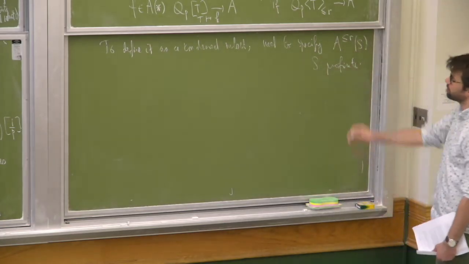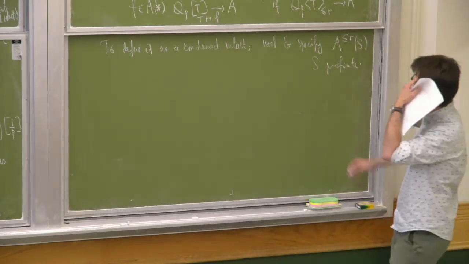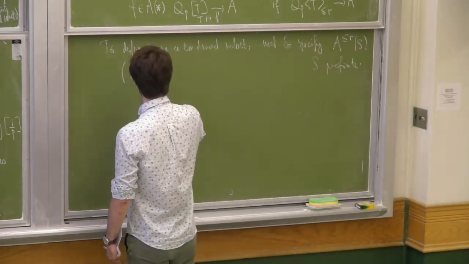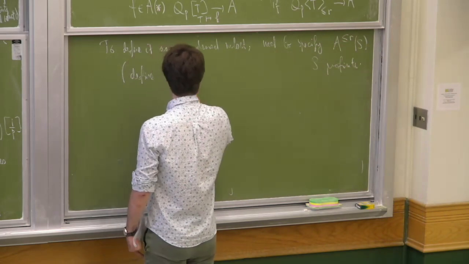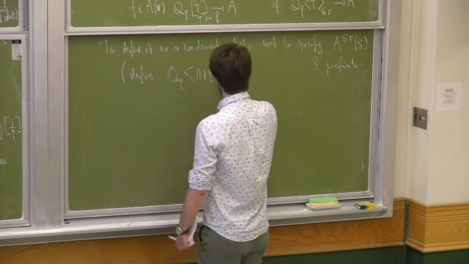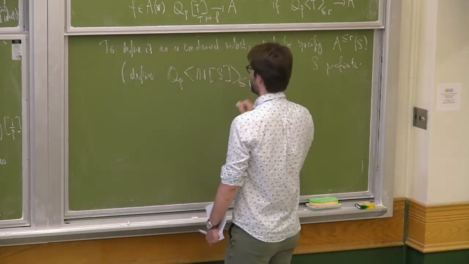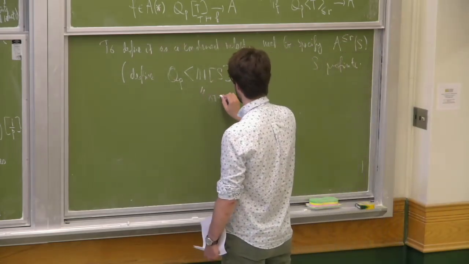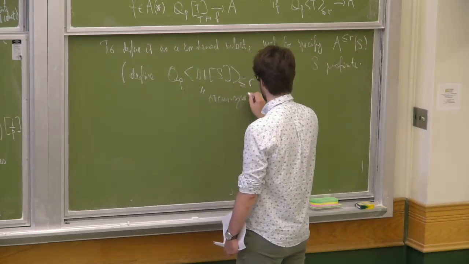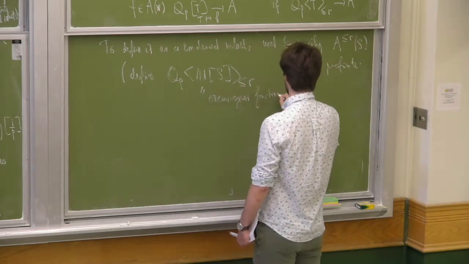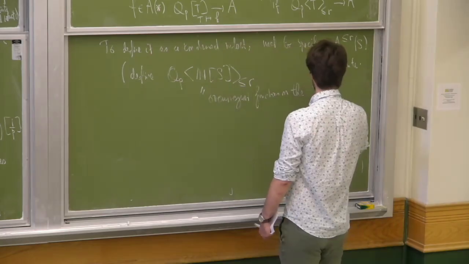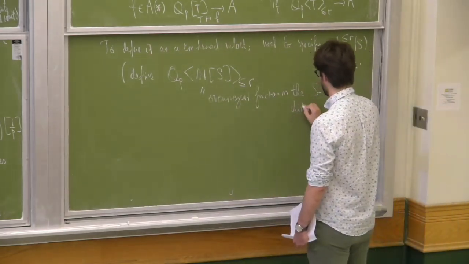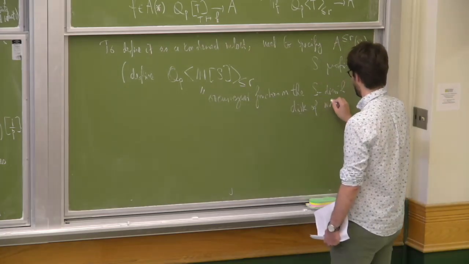And so this is the definition we propose. You define a certain something, which is to be thought of as overconvergent functions on S, something like the S-dimensional disk of radius, which of course is not a meaningful statement.